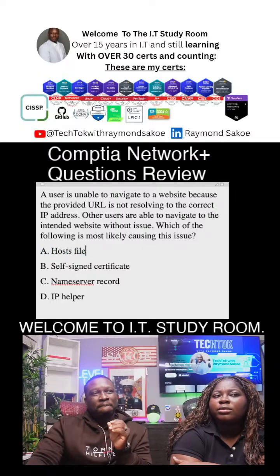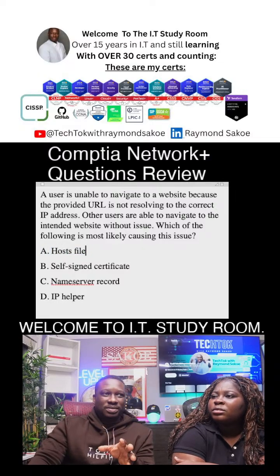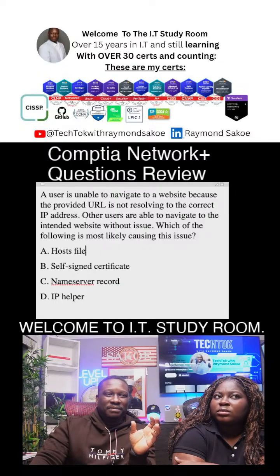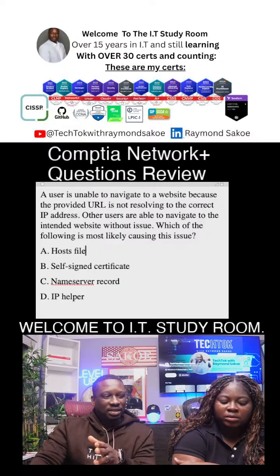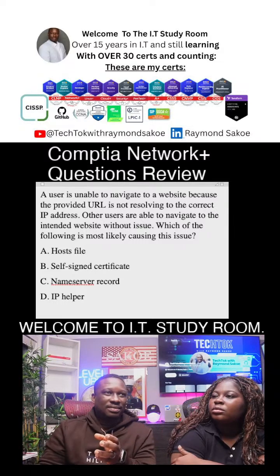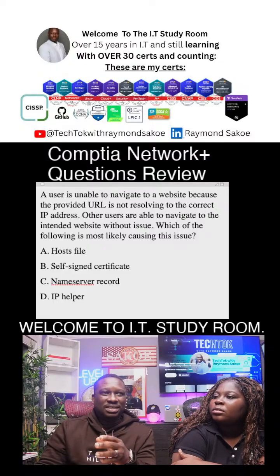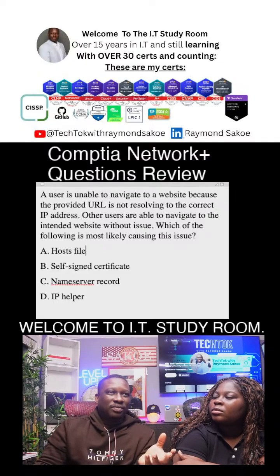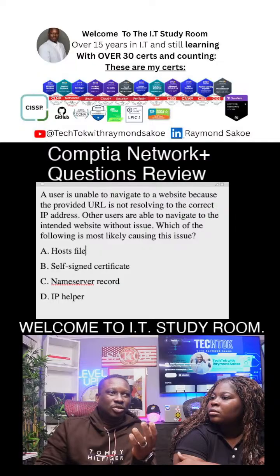So remember, if you are going to a website, you type the URL, www.facebook.com. That URL has to be resolved into an IP address. The whole point of DNS is that as humans, we are good with phrases and words, but not with numbers.